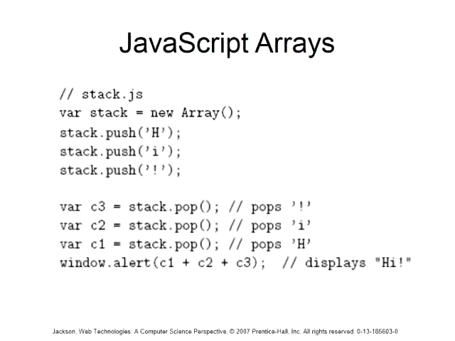So we will pop this value. C2 pops the value i, C1 pops h, and when we write window.alert(c1 + c2 + c3), the display will be hi!